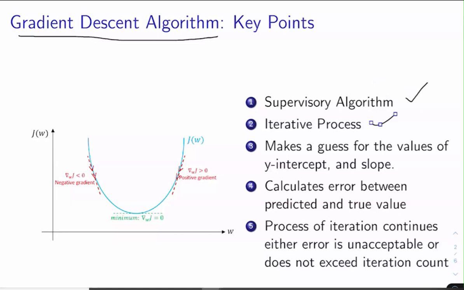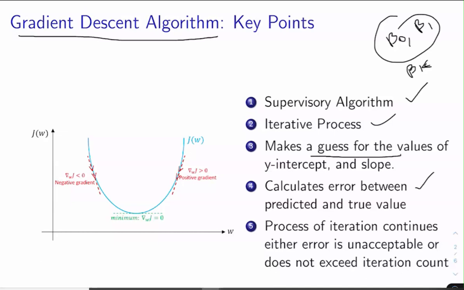It first makes a guess of parameters like beta 0, beta 1 in the context of simple linear regression. Now these betas go up to k in case of multiple linear regression. It makes a guess of the values and calculates the error. If the error is very high, then the process of guessing continues, and the process of guessing the parameters stops when the error is acceptable or the number of iterations is exceeded.